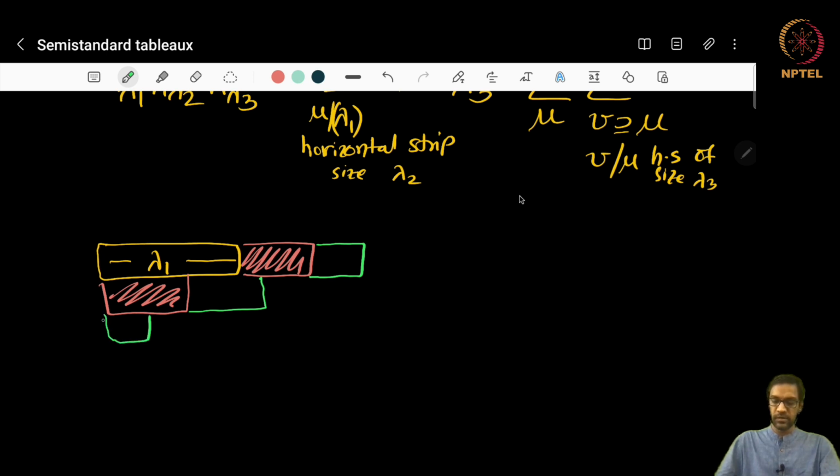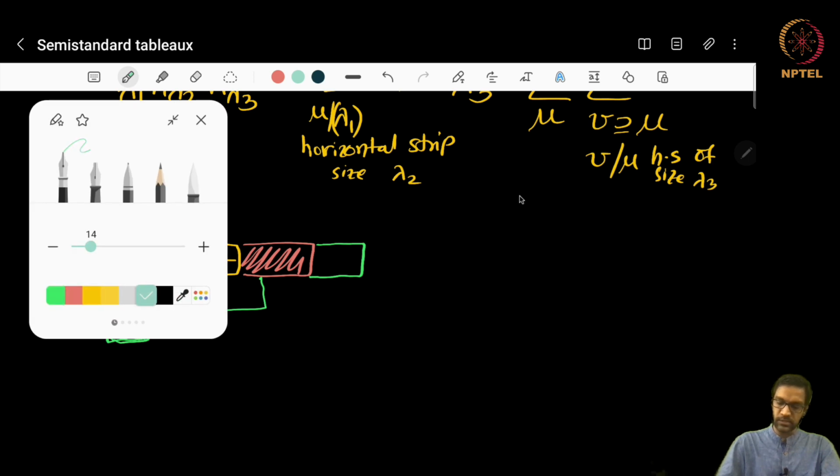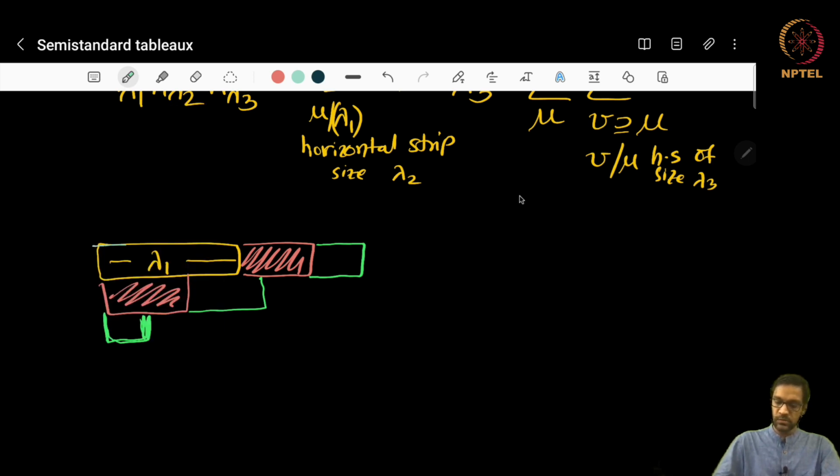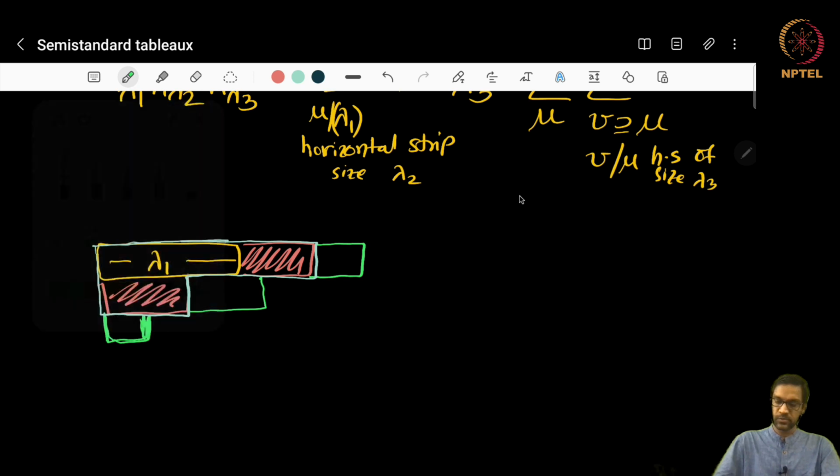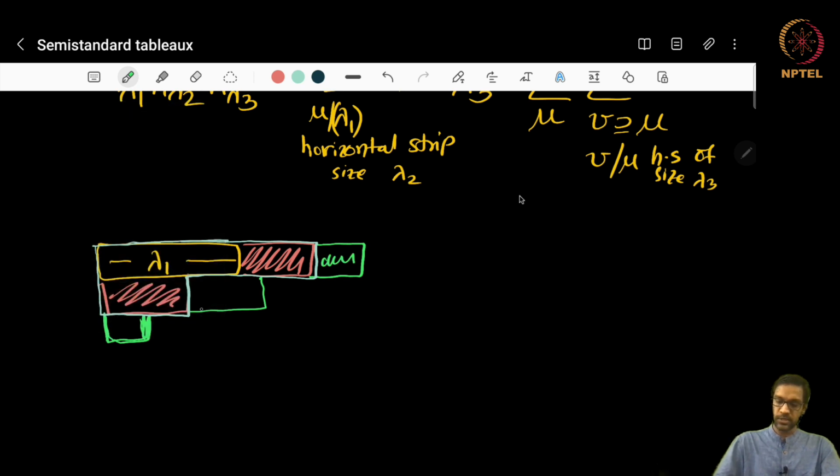So if you look at what the horizontal shadow of this part mu means, let's highlight the mu that we got in the previous step. This was the outline of the mu. To that I have to attach lambda 3 more boxes, right? So that's the attachment that I've just performed. This is some extra boxes here, lambda 3 of them.